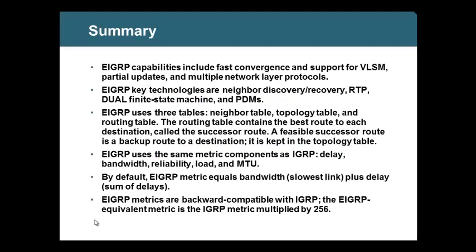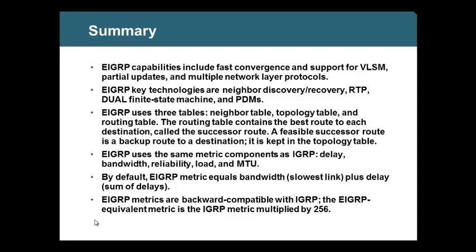EIGRP is Cisco's routing protocol, which uses a reliable transport protocol for providing guaranteed delivery of updates, and it uses the DUAL algorithm to provide the best path and also loop-free classless routing.